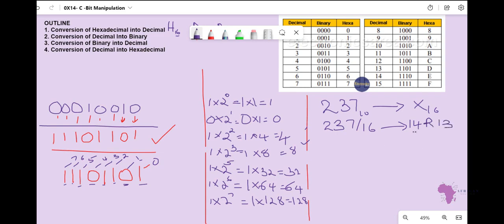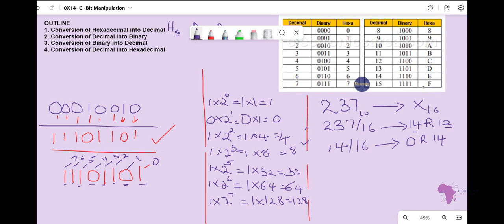Then we divide this 14 again. 14 divided by 16, which you all know is not enough, so it goes 0 times, remainder 14. But in hexadecimal, what do we mean by 14 and 13?